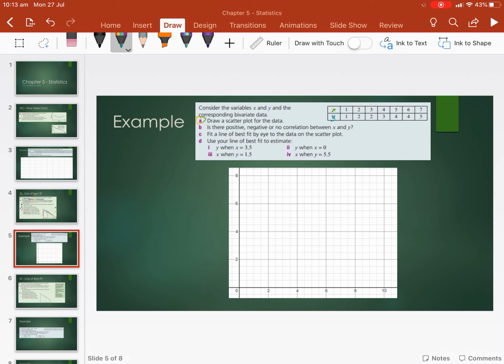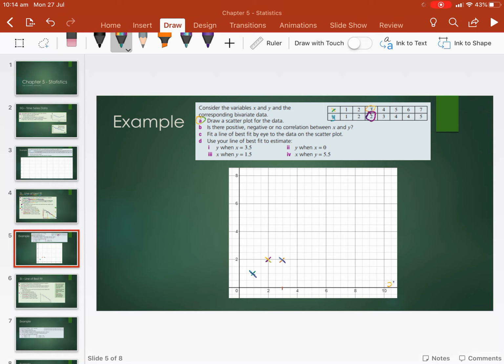So when x is 1, y equals 1. So we're going to go, there's a point here. Next one at 2, 2. When x is 2, y is 2. When x is 3, so here x is 3, y is 2. Okay, so when x is 3, y is 2.